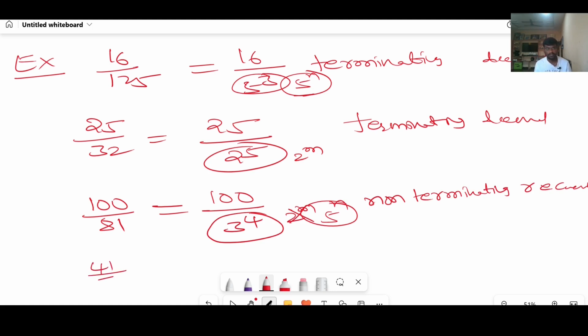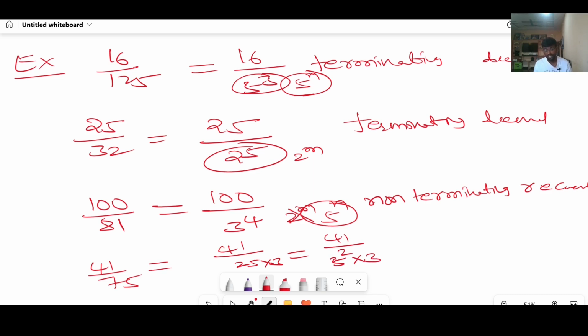And same, the next question: 41 by 75. I can write it as 41 by 5 square into 3, that is 25 into 3, right? It is not in the form of 2 power m or 5 power n. I will explain again here: 41 by 5 square into 3.